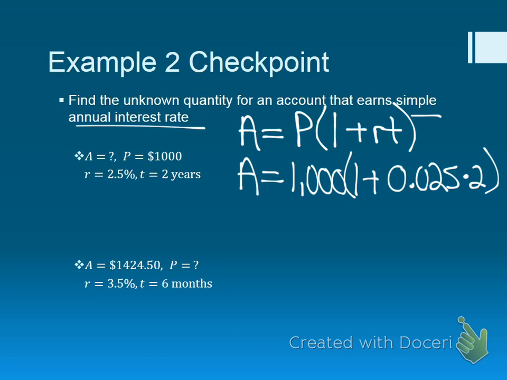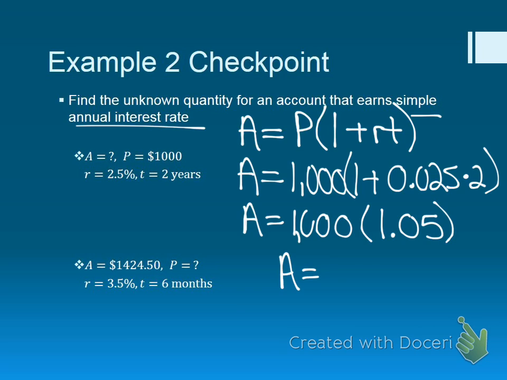No, I don't have to distribute, because everything inside the parentheses I can simplify, but I need to multiply first before I add. So 0.025 times 2 equals 0.05, and then I add it to 1, and I get 1.05. You see that? Okay, 1.05 times 1,000.